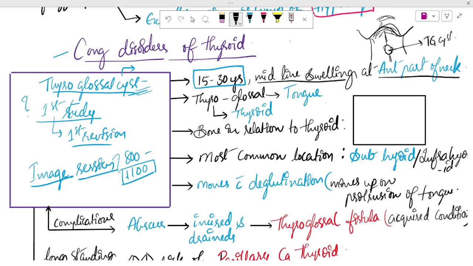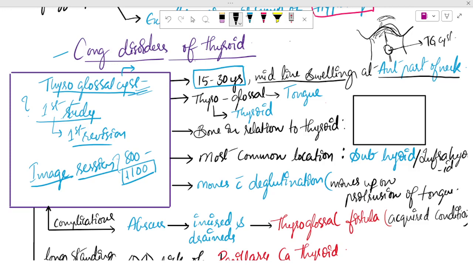Now what actually is a thyroglossal cyst? If you go into the embryology of the thyroid and of the tongue, then you need to know a feature called the thyroglossal tract, or thyroglossal duct.